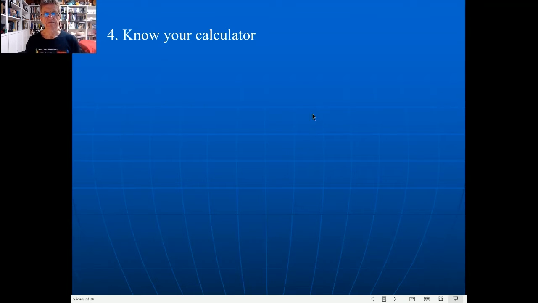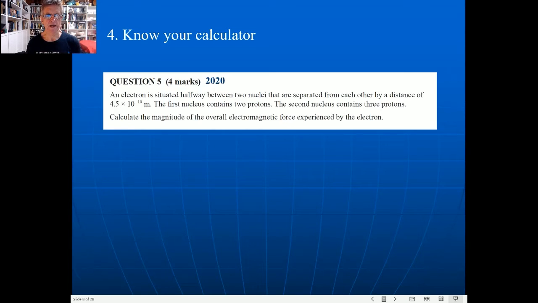This is particularly important for students whose calculators go flat, or the batteries go flat before the exam, or they lose it, or they can't find it, or something like that. I'm saying here you need to know your calculator, because some of the calculations you do can get tangled up.